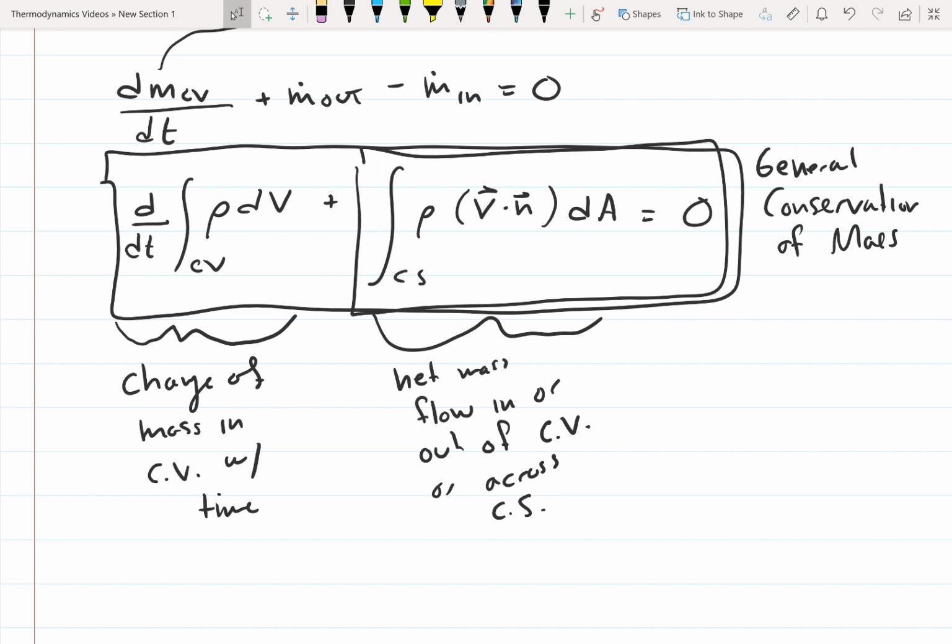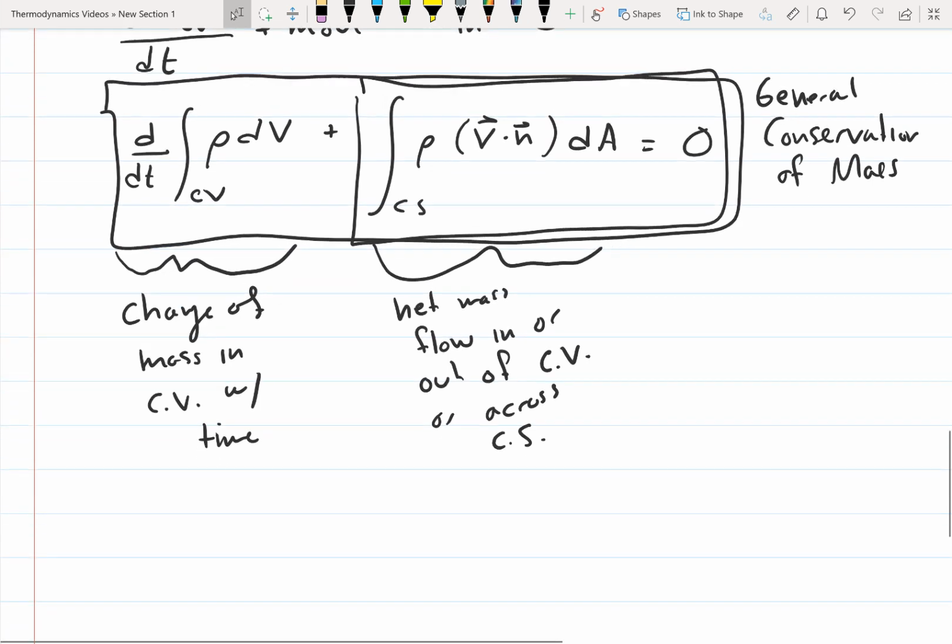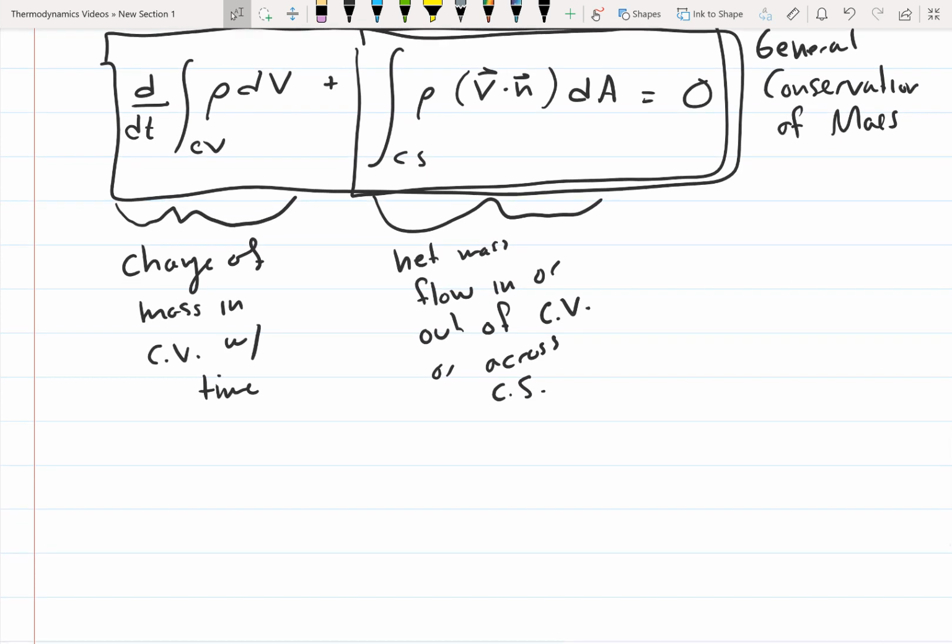If we integrate across the control surface, we're going to get all of the mass flow in or out. So we can rewrite this equation. We have d dt of the integral over the control volume of rho dV, and then I'm going to take the second part of the equation and split it into two parts.